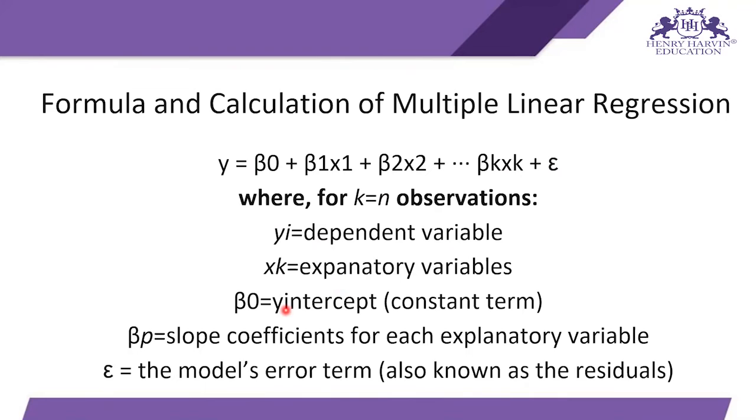Beta 0 is the y-intercept, the constant term. Beta 1, beta 2, up to beta k are the slope coefficients for each explanatory variable. Epsilon is the model's error term, also known as the residuals. So that's all about the formula and calculation for multiple linear regression.